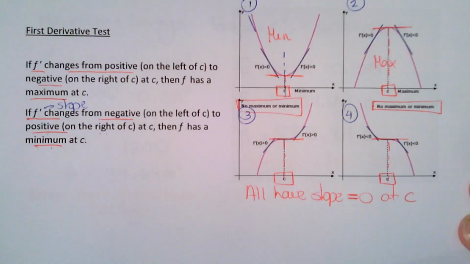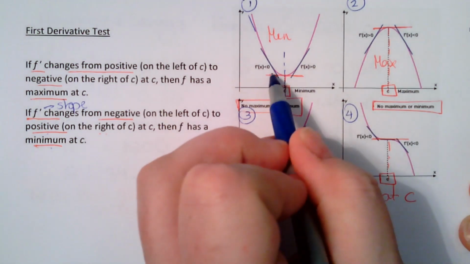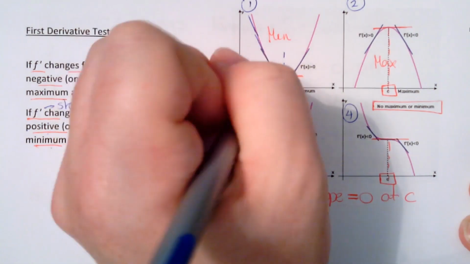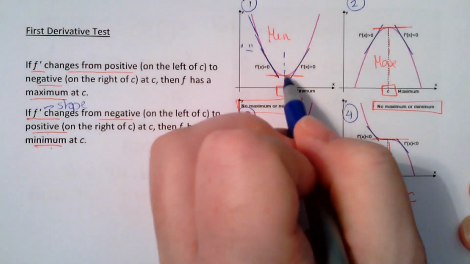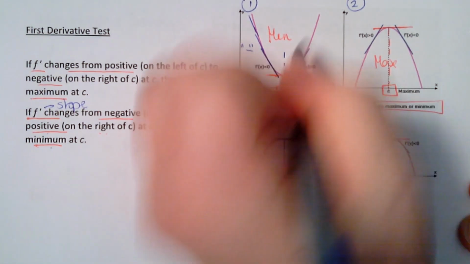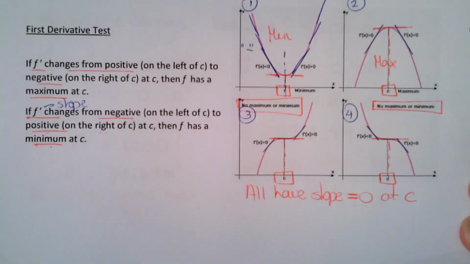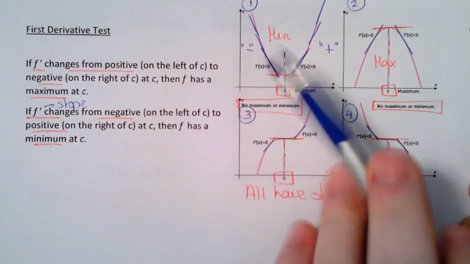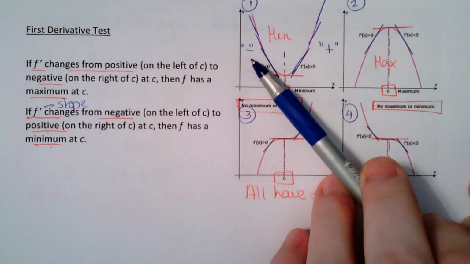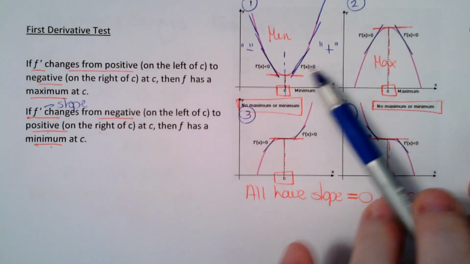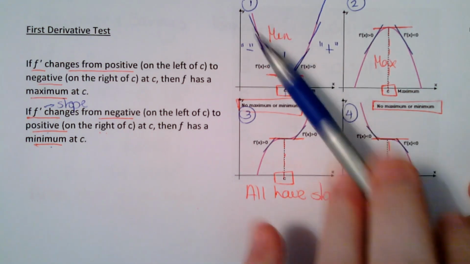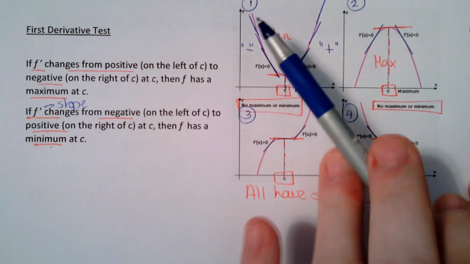All the slopes on the left of C, the left of where you're finding your minimum, would all be negative. Once you're past your minimum point, all the slopes are positive. So if you find the slope on the left side of your answer is negative, and on the right side of your answer it's positive, it means you have a smiley face, minimum.